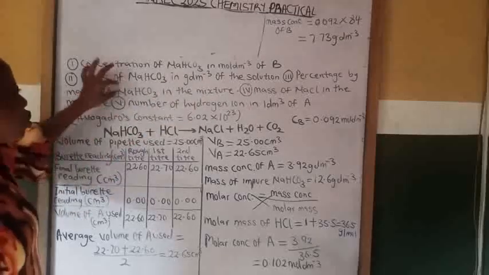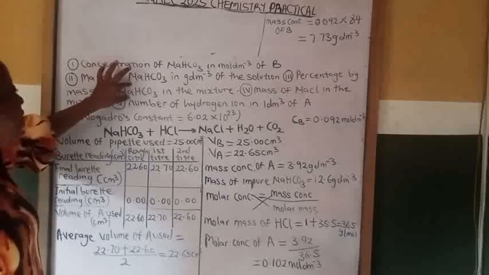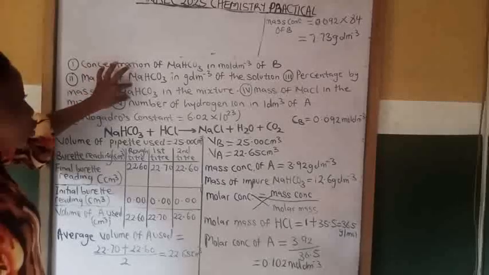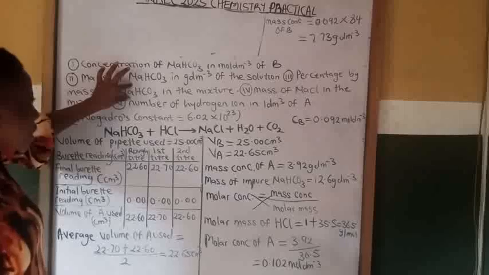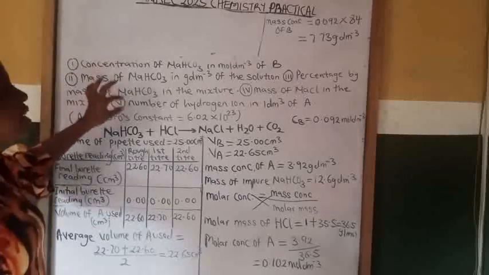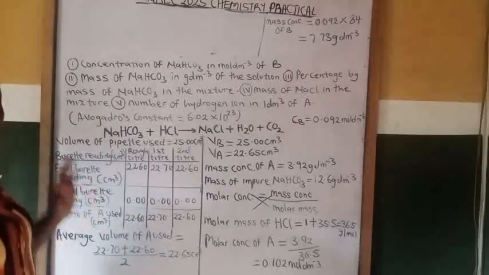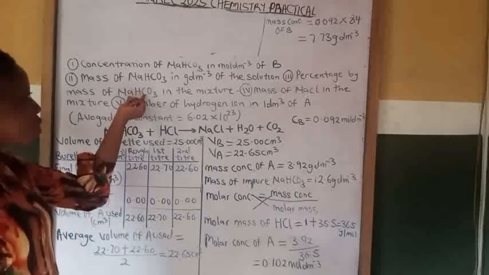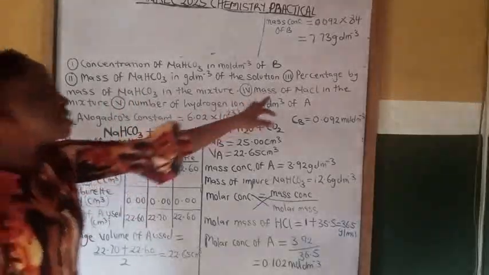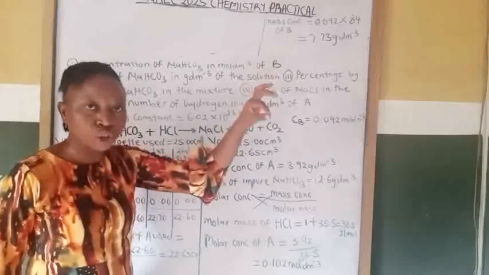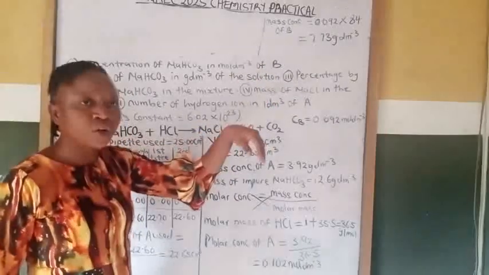NaHCO3 is our pure substance, so that is the percentage purity, because this is pure. Then the sodium chloride is the impurity in the mixture.